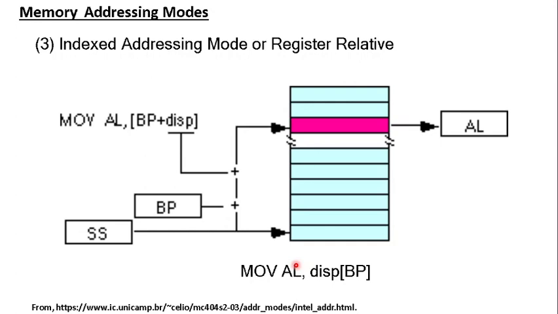Now suppose that this is our particular combination. We have to move something pointed to by displacement as well as BP. BP is the base register for the stack segment, so the offset is going to be within the stack segment, and it is given by the sum of the contents of BP and displacement. It is found within the stack segment, and the content is moved to AL.